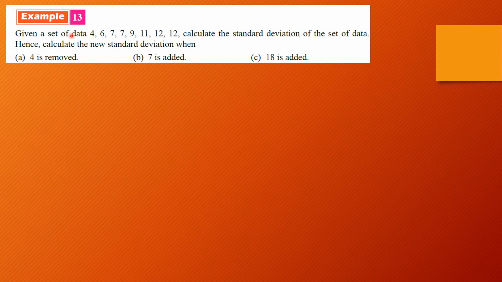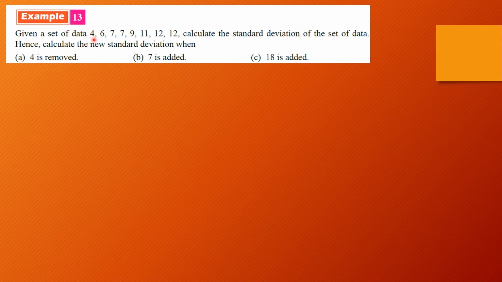So for better understanding, we look at example 13. You can refer to your textbook at page 233. Given a set of data 4, 6, 7, 7, 9, 11, 12, 12, calculate the standard deviation of the set of data, hence calculate the new standard deviation when 4 is removed.